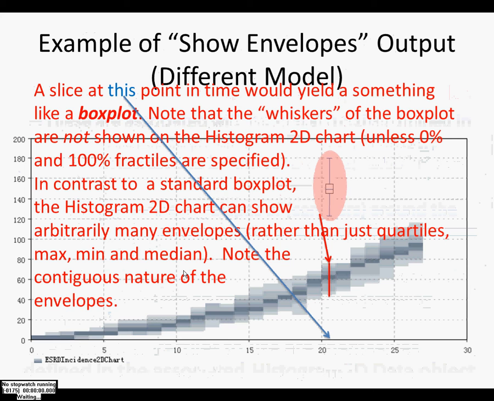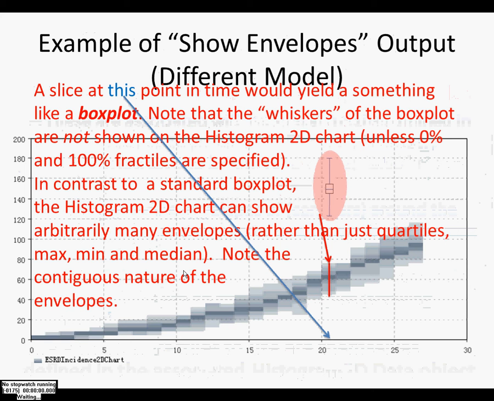The box plot would summarize the location of this line, the values. It wouldn't be located vertically where it is up there highlighted. It's just to show that this could be summarized by a box plot. So these envelopes give us a sense, in a box plot-like way, of the distribution.